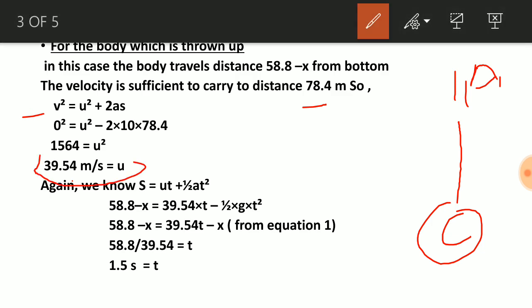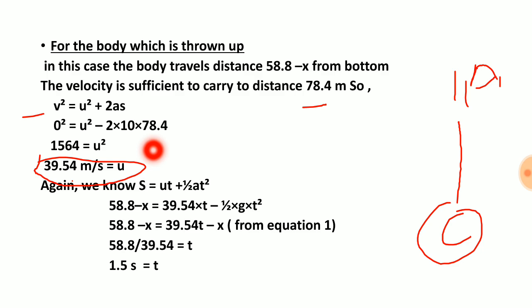After getting the initial velocity of projection, we use the same logic that we used in problem number 6, that is s is equal to ut plus half at square. For the body which is thrown up, distance travelled will be 58.8 minus x, and initial velocity of projection is 39.54 into t, which is the unknown we need to find, and a will be minus g, so minus half gt square.